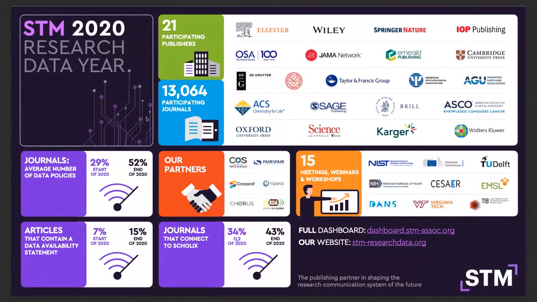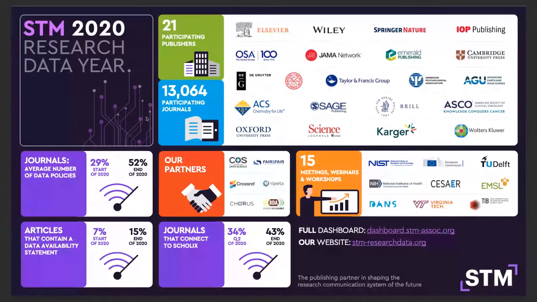For this, we made use of the great work done at the RDA around the data sharing framework, which we recommend to the publishers. Last year, we started with, on average, 29% of the journals having a policy, and now 52%, which is not 100%, and it takes time, but it's a good development.